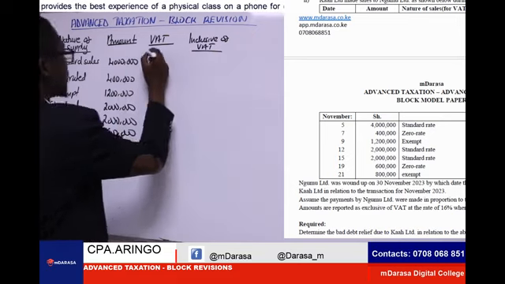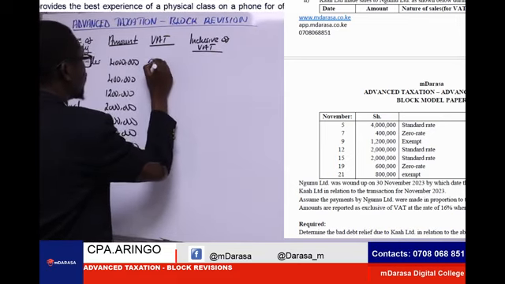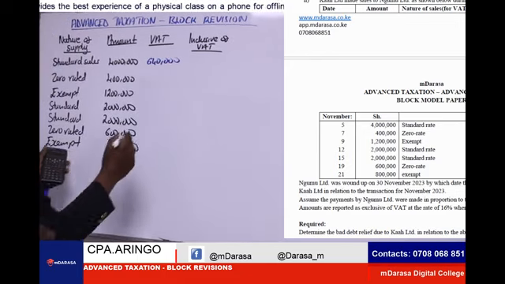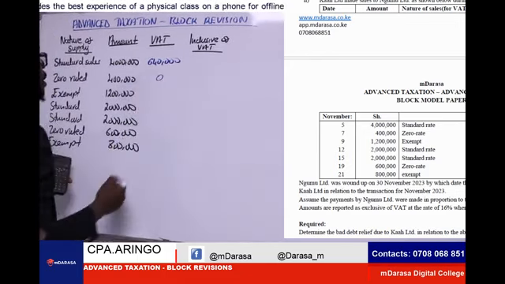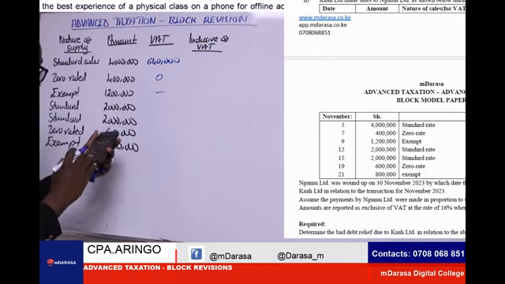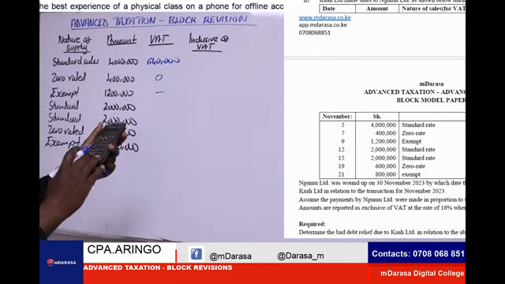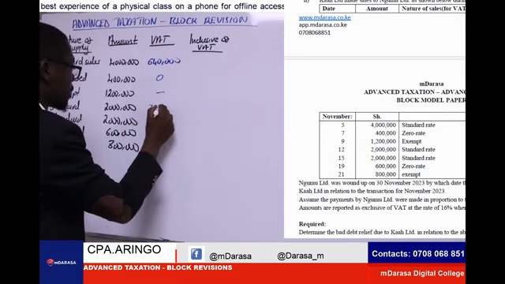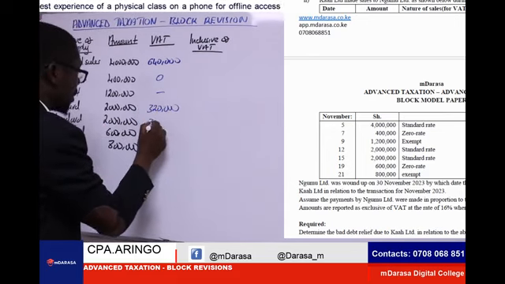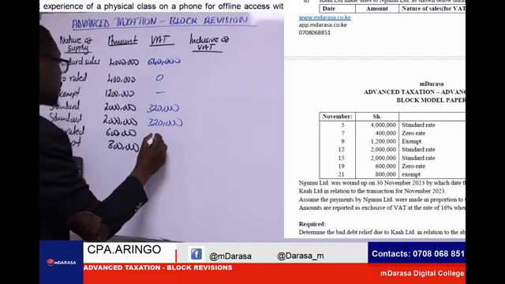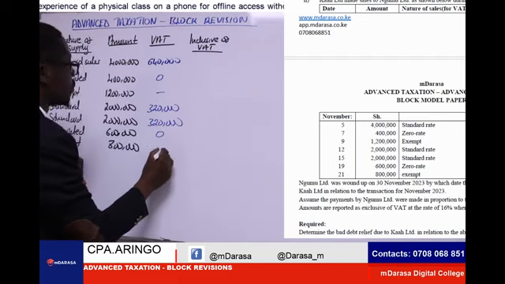This should give us 640,000. Zero rated, that is 0. We don't have any tax. For standard, 2 million times 0.16, this should give us 320,000. Zero rated, 0. Exempt, we don't have any.